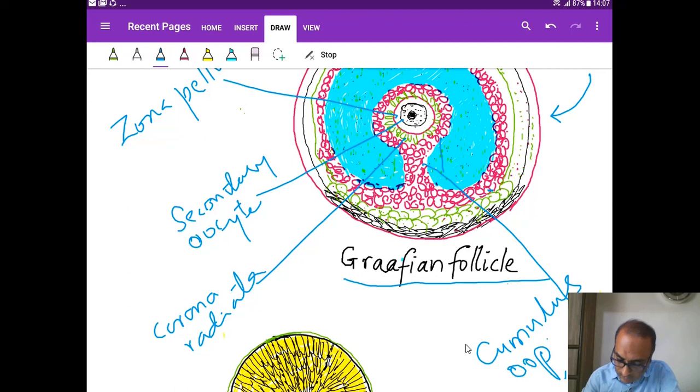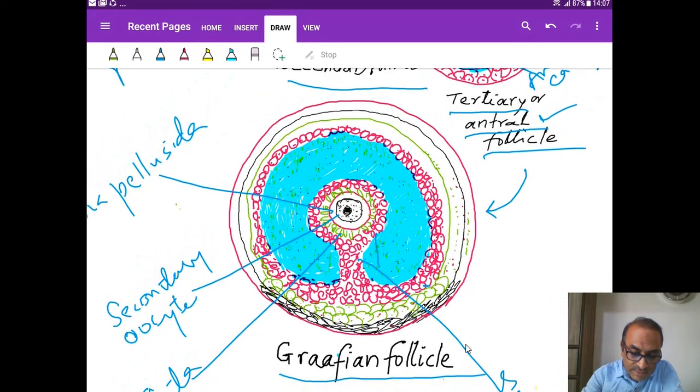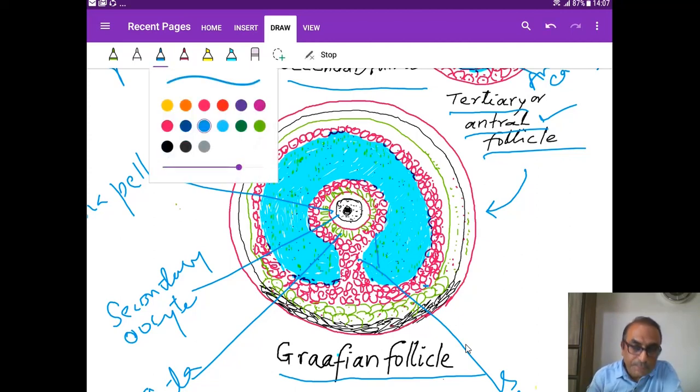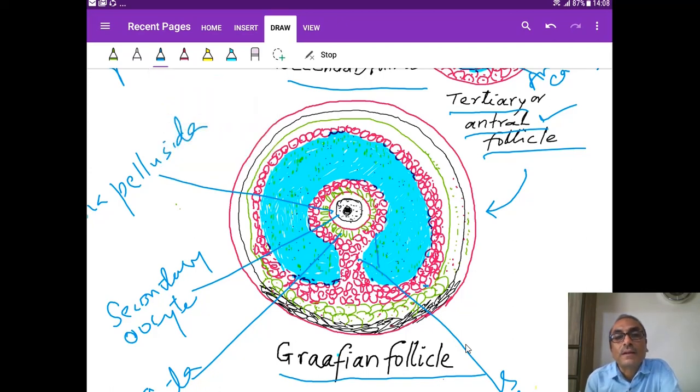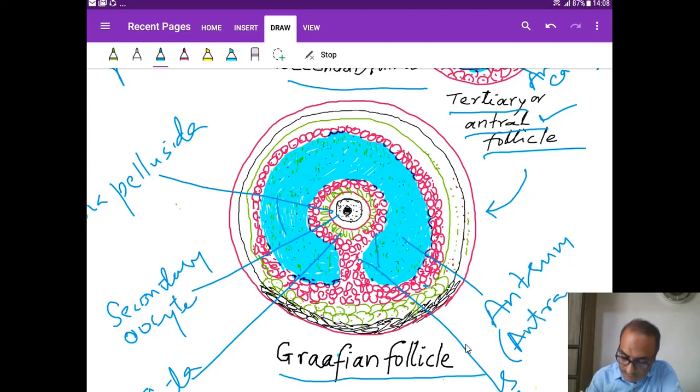Now you notice one thing, that this oocyte is situated exactly in the center of the Graafian follicle, surrounded by a fluid filled cavity, the same antral cavity or antrum, which is filled with antral fluid.